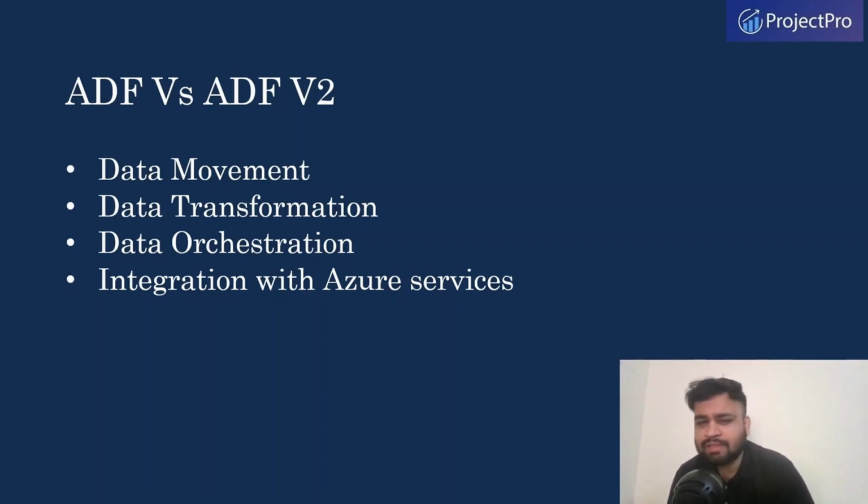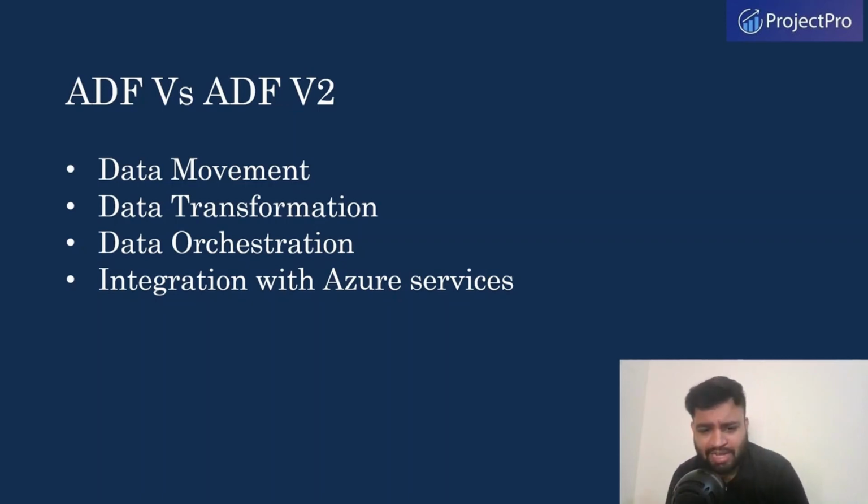So let's first discuss the key features of the previous version of Azure Data Factory. For data movement, ADF supports the extraction as well as loading of data from various sources, which could be on-premises, cloud storage, or SaaS, software as a service, applications.